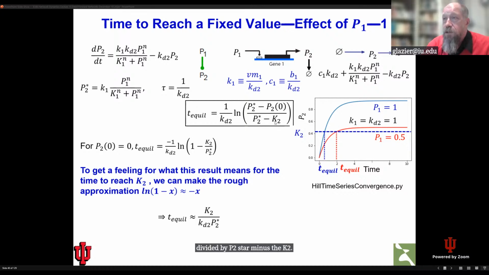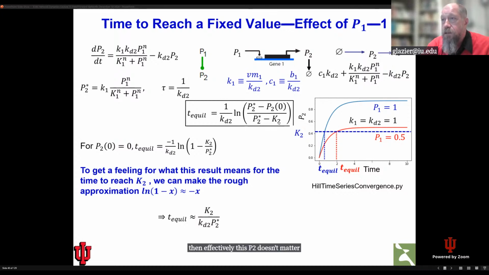So if P2 star equals K2, in other words, if I'm at this tangent point, then it takes forever. So the thing diverges.